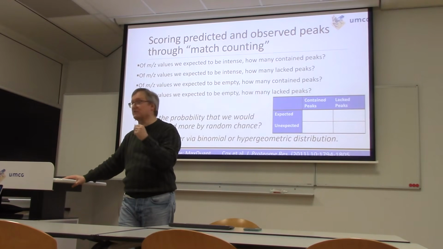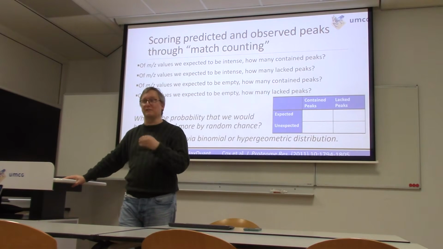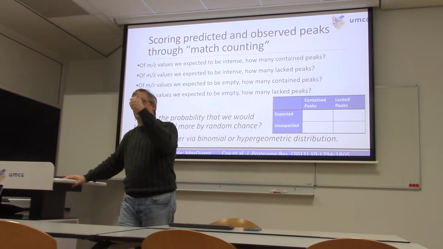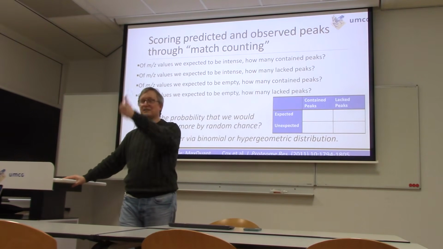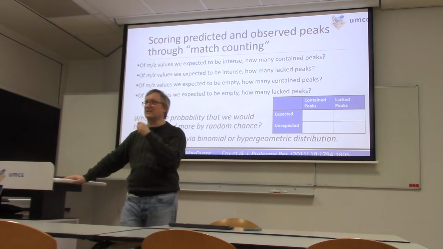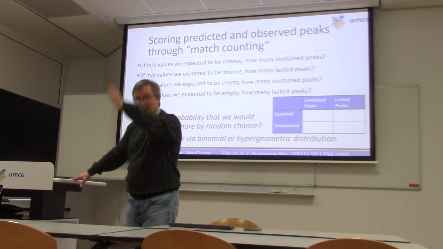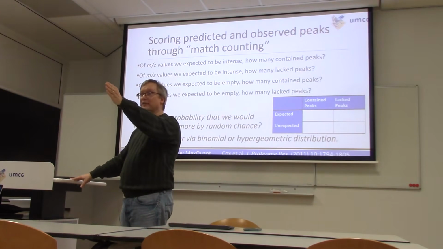That's a hit, right? So from a match counter perspective, every time we predict that a peak should be seen and we have intensity at that location, we scratch ourselves on the back and say that's a success, that's a hit, that's a match.